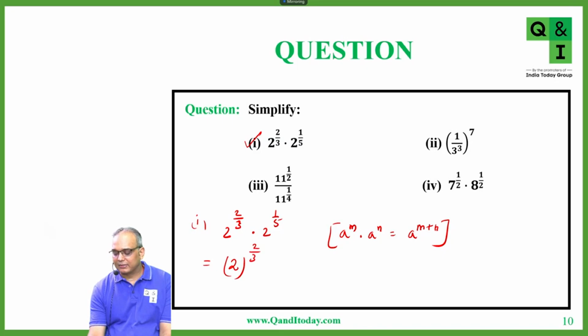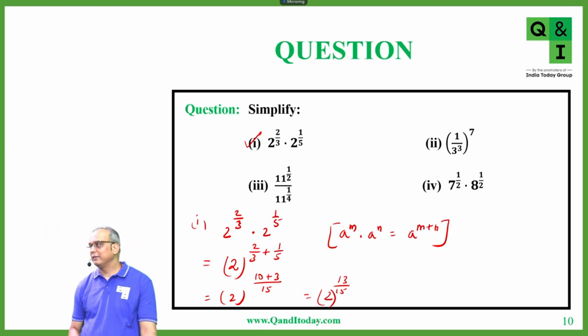The answer will be 2 to the power 13 upon 15. So 2 to the power 2 by 3 plus 1 by 5, we add the powers. We take LCM as 15, and 5 times 2 is 10, and 3 times 1 will be 3. So this is 2 to the power 13 over 15. This is the answer.